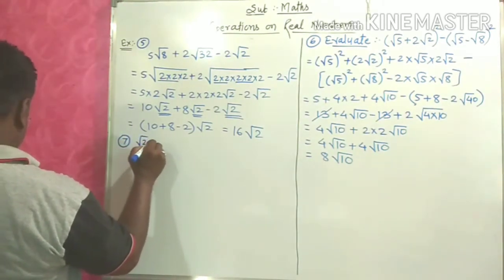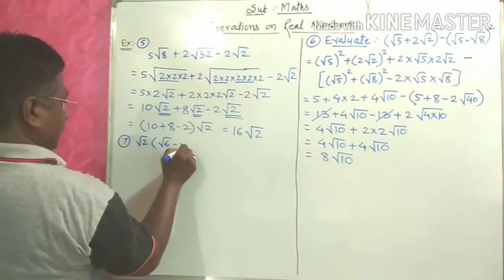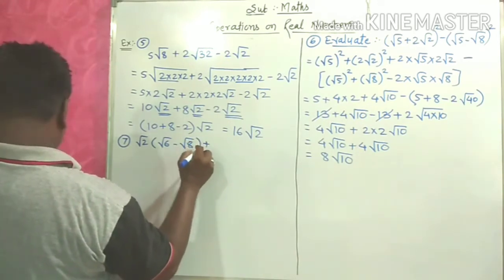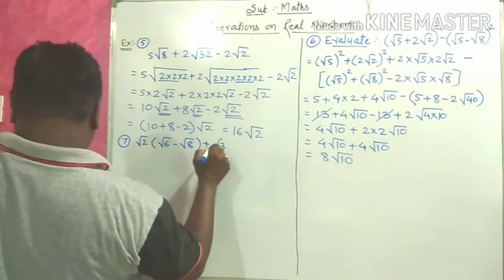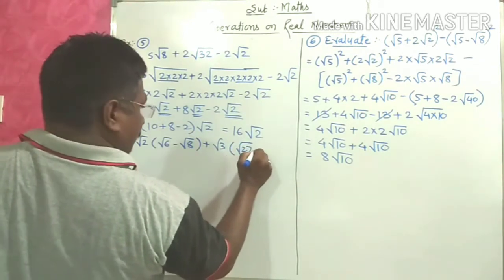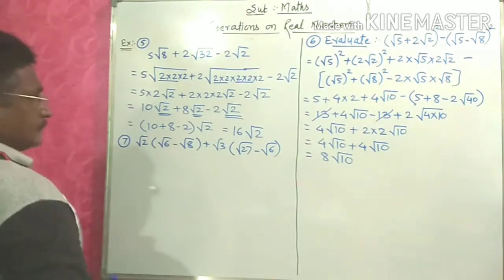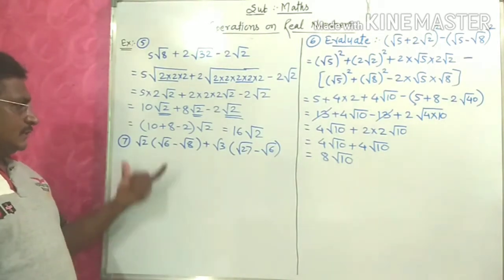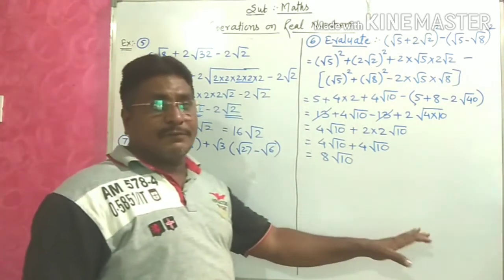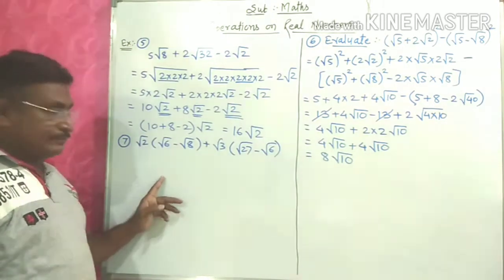Root 2 into root 6 minus root 8 plus root 3 into root 27 minus root 6. See, students, the fourth example we solved. Same way it is there, the distributive property.